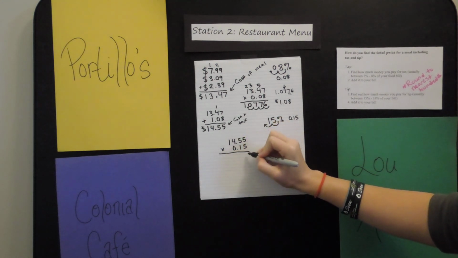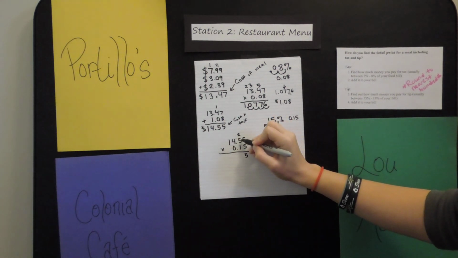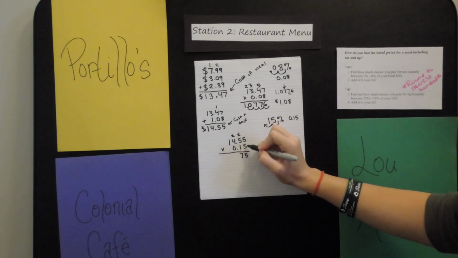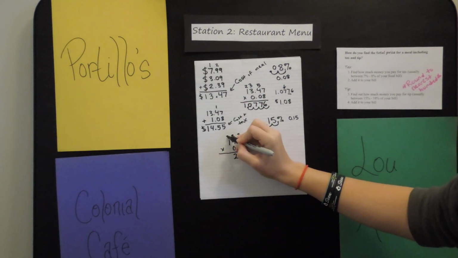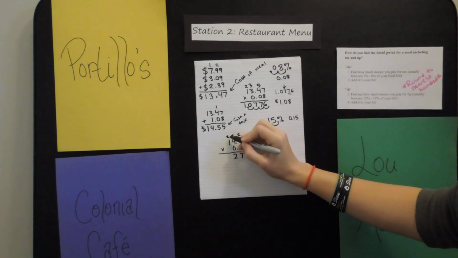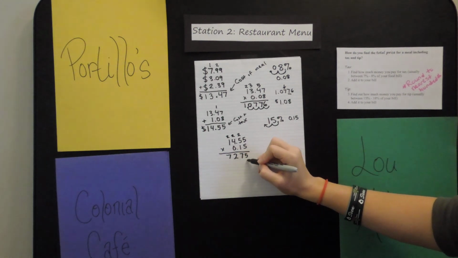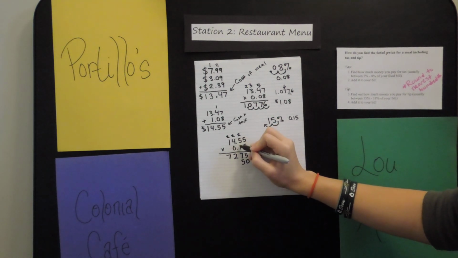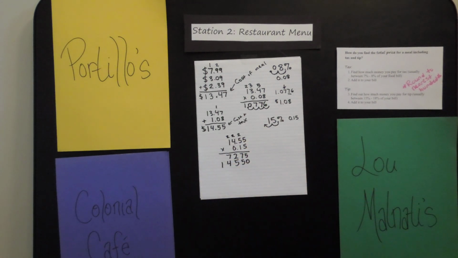So 5 times 5 is 25, so we'll put a 5 here, 2 up here. 5 times 5 is 25 again, plus 2 is 27. 5 times 4 is 20, plus 2 is 22. And 5 times 1 is 5, plus 2 is 7. Now we have another row of multiplying, so we'll need to put a placeholder 0. 1 times 5 is 5. 1 times 5 is 5 again. 1 times 4 is 4. 1 times 1 is 1.